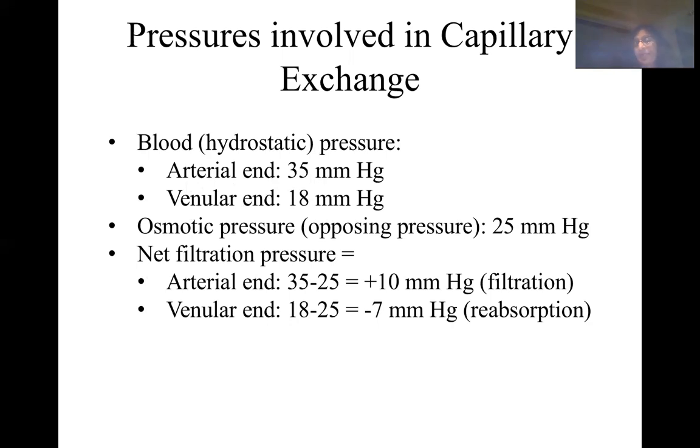The textbooks you may refer to may have slightly different numbers, so please keep that in mind. So blood pressure in a normal situation would be greatest in the arterial end, least in the venular end of the capillary. Now, this is all within the capillary, correct?